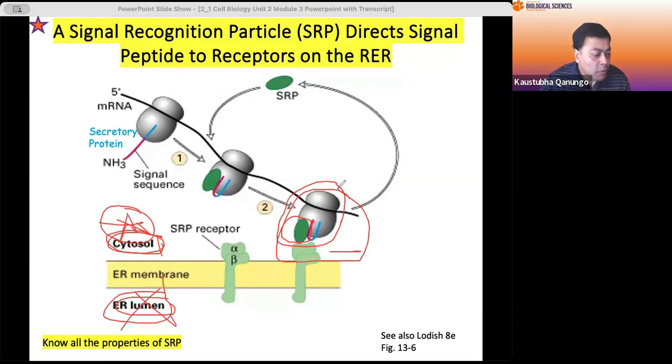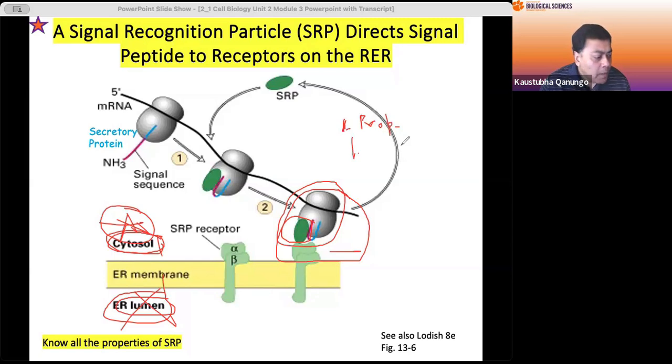So this is the most important part. Sometimes we ask you which of the following is a property of SRP. Again, I'm repeating, property of SRP, very important. And I'm just talking about one at a time, that's what you need to know.